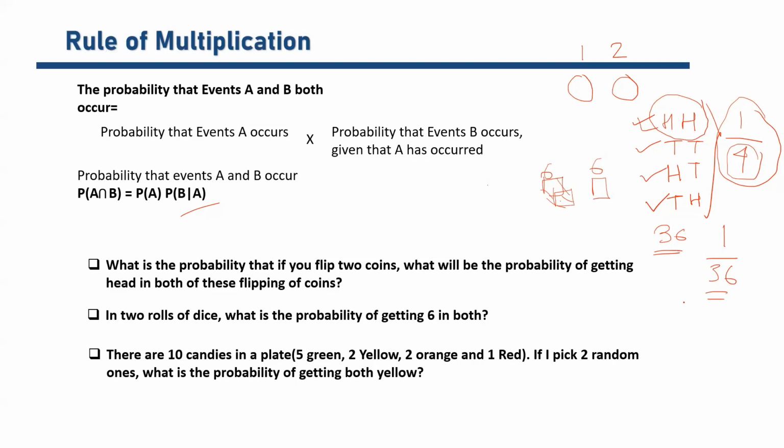Next is, there are 10 candies in a plate: 2 green, 2 yellow, 2 orange, and 1 red. If I pick 2 random ones, what is the probability of getting both yellow? It is going to be 1 by 5.